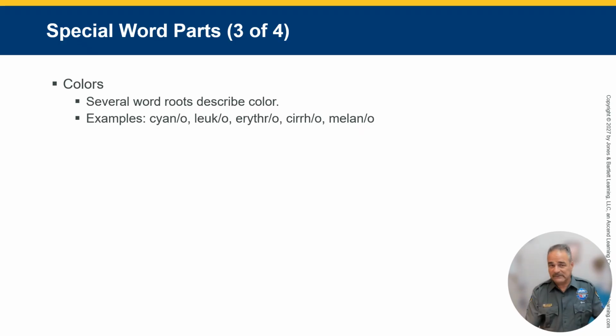Leukocytes is a white blood cell. Erythrocytes is a red blood cell. Cyan is the color of blue, so it's cyanosis. Patient has a cyanotic appearance, blue appearance. So these are examples that we can use to describe colors.